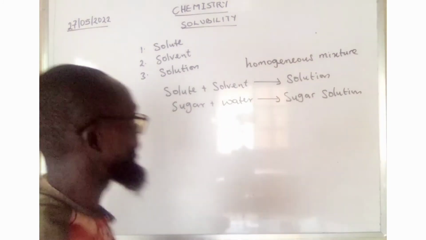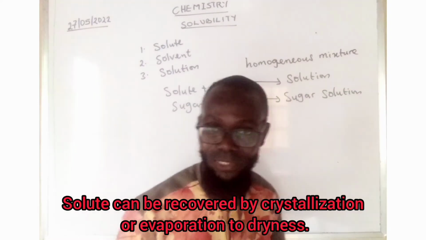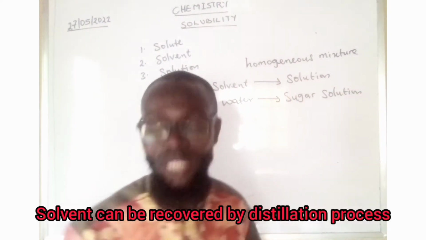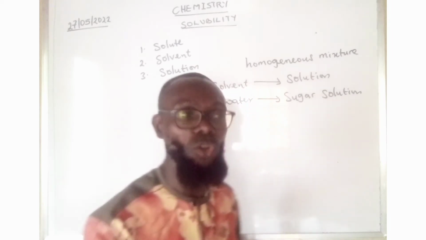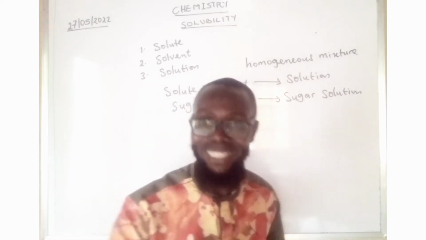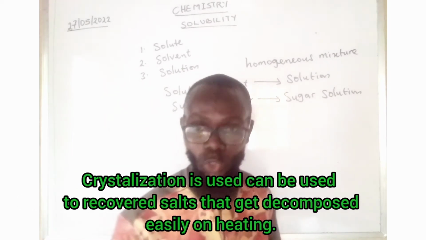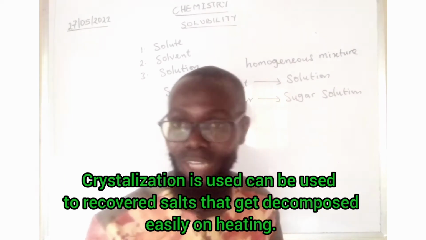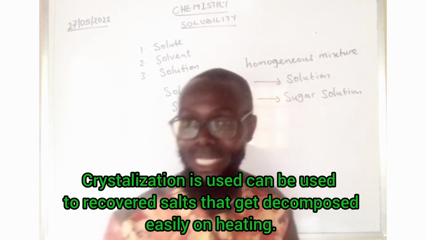One is crystallization or evaporation to dryness, and the second one is distillation. Crystallization can be used to recover any salts which get decomposed easily on heating. Evaporation to dryness is used to recover a salt which can withstand heat.